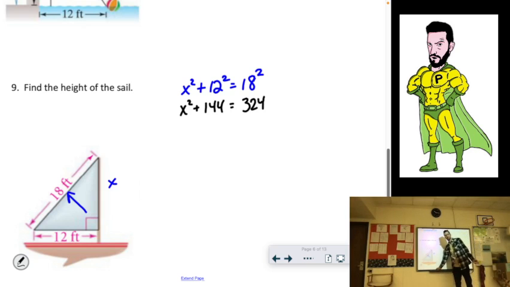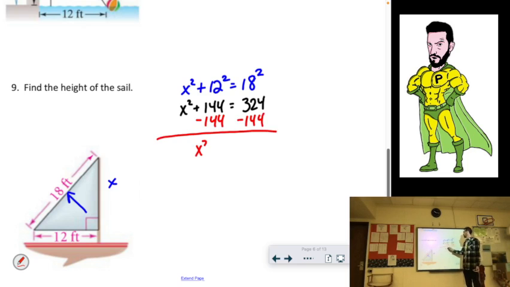You gotta get rid of plus 144 by subtracting it. X squared equals 180. And we gotta square root that. Square root of 180, 13.4. 13.4 feet.